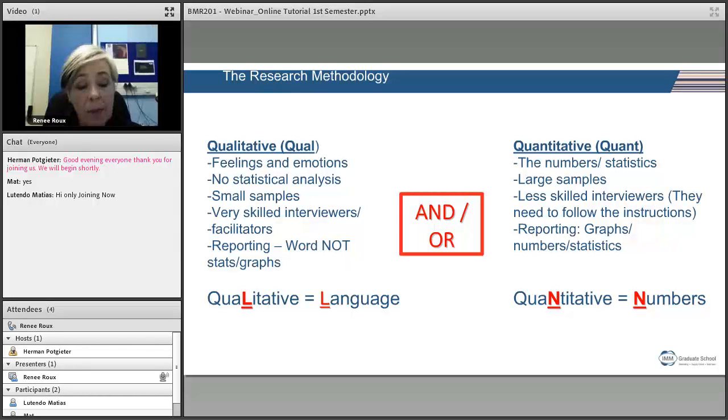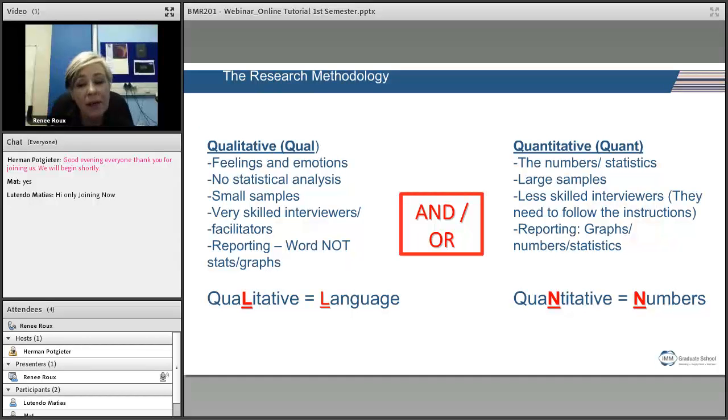What I found is that these 2 terms are very close to each other, qualitative, quantitative, and people get confused about it. They use qualitative, but they actually meant quantitative, or the opposite. So how do you remember the difference between the 2? Qualitative has the letter L in it, and the L stands for language. Quantitative has the letter N in it, and it stands for numbers.